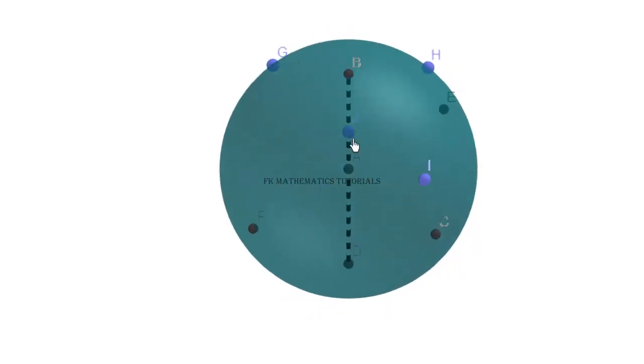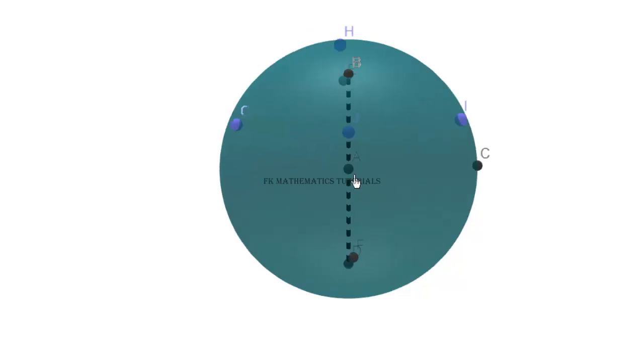So the line segment joining B to D is called the axis of the sphere, and it forms the diameter of the sphere. The center is A, so from A to B is the radius of the sphere.